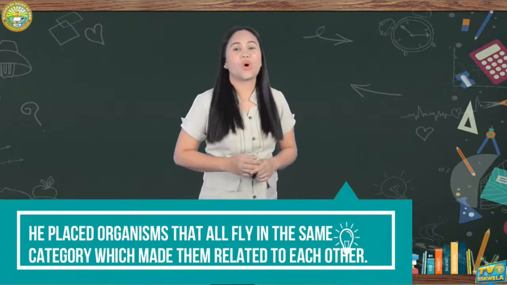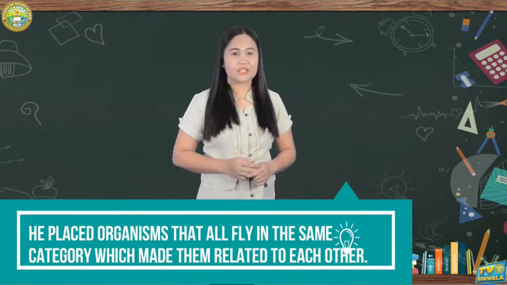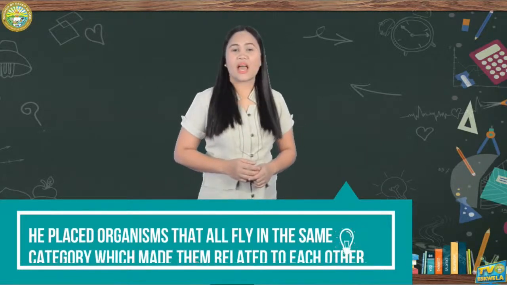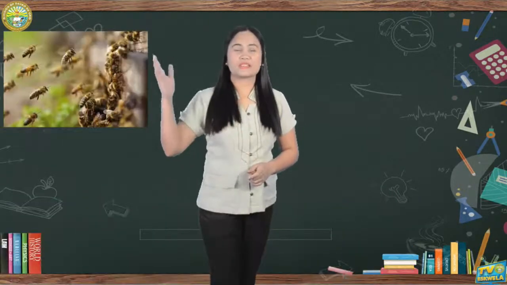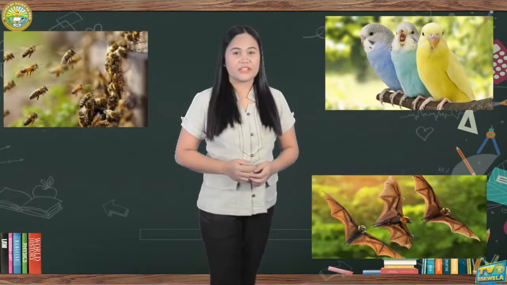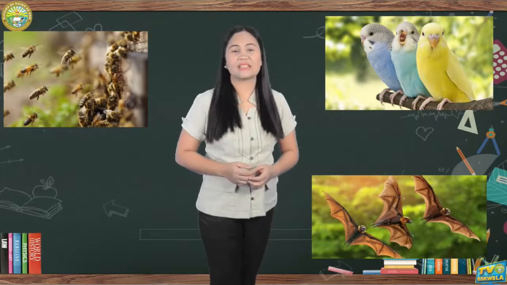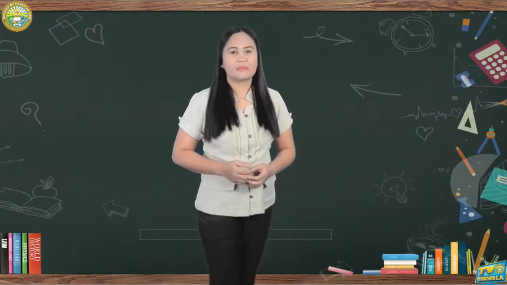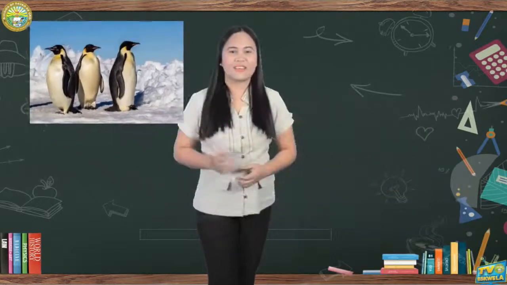Third, he placed organisms that all fly in the same category, which made them related to each other. Example, the bees, birds, and bats. They were grouped together, even though they have little in common, except they can all fly. But what about the penguin?